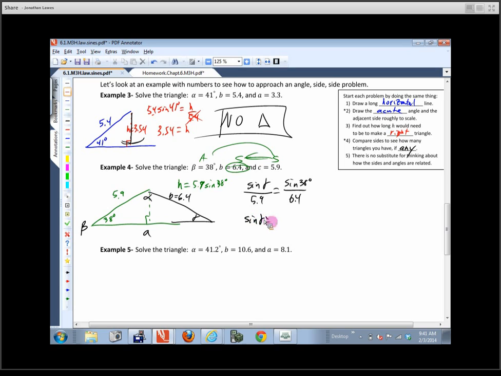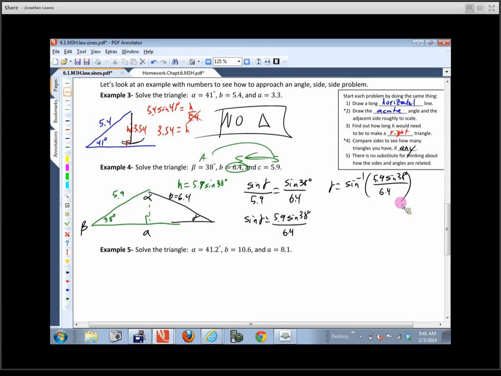So if I set this up to solve for gamma, I've got 5.9 sine of 38 degrees over 6.4. How do I finish solving for gamma? Sine inverse. So gamma is going to equal the sine inverse of 5.9 times the sine of 38 over 6.4.